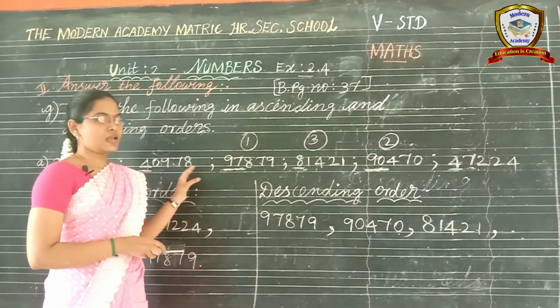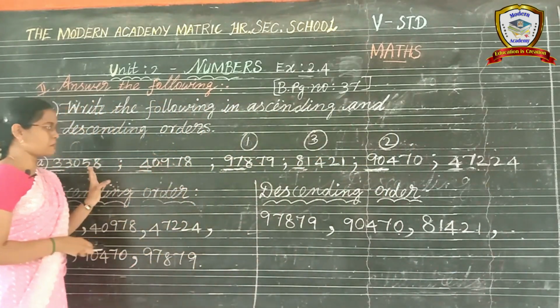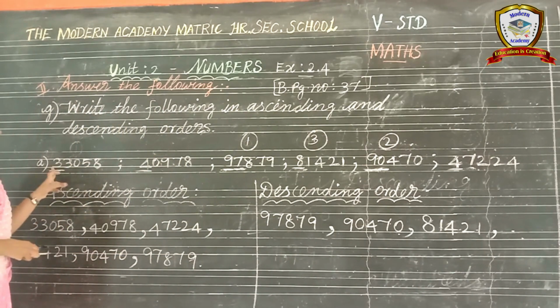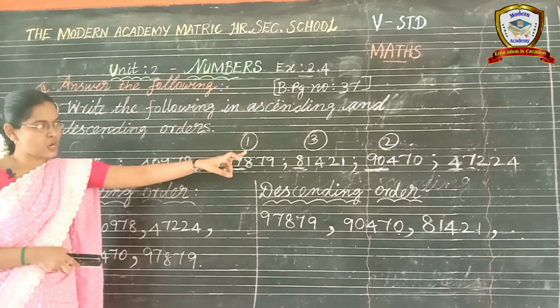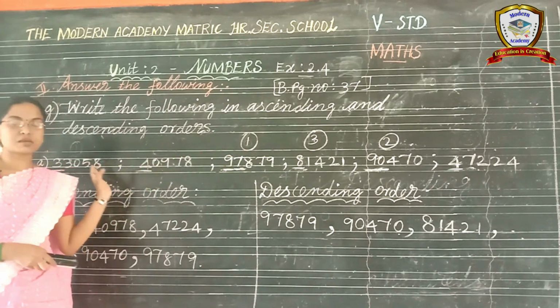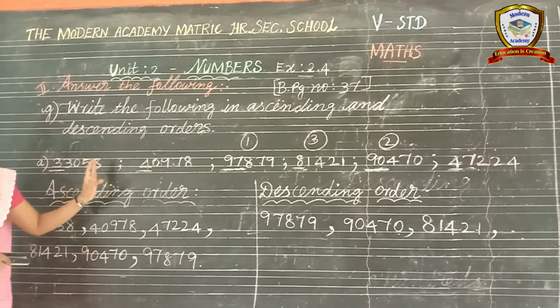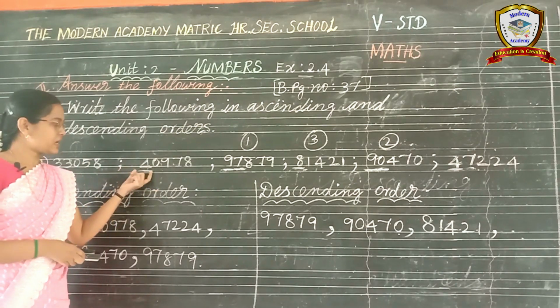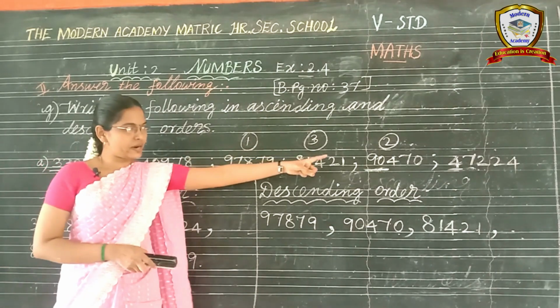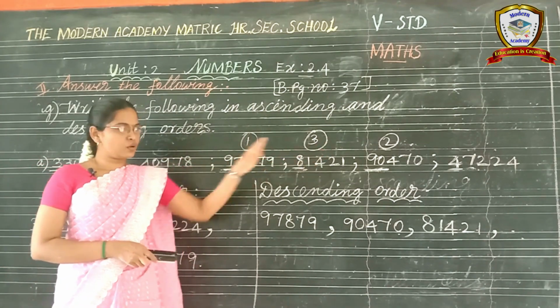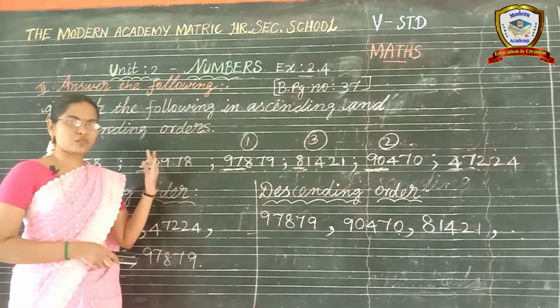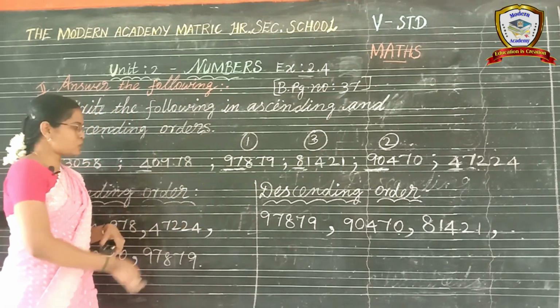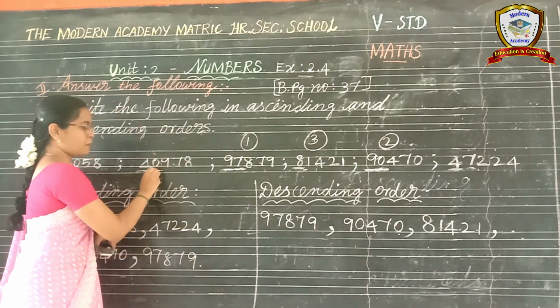Can you understand? Next we have 3 numbers remaining. Here the first number is 3, here the starting number is 4, there the starting number is 4. So which is the bigger number? 4 is the bigger number. Here also the starting number is 4, so both are equal and we can't compare. So we have to move to the second number.